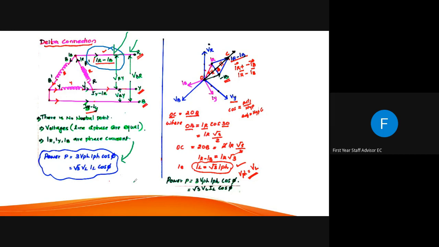Just note down the formula of power. It is the same for both the cases. For star or delta, the power formula is the same. It is P equal to 3 V phase I phase cos phi, or it is equal to root 3 VL IL cos phi.